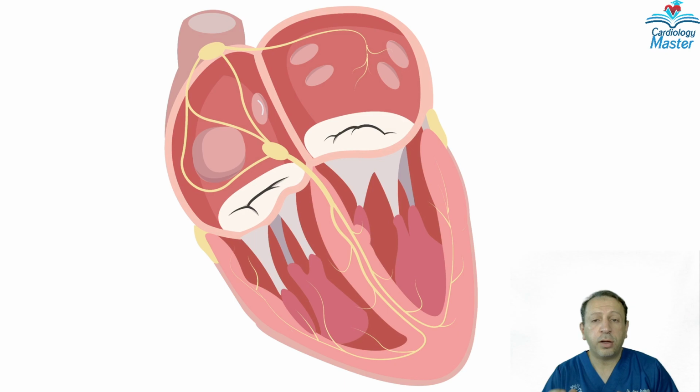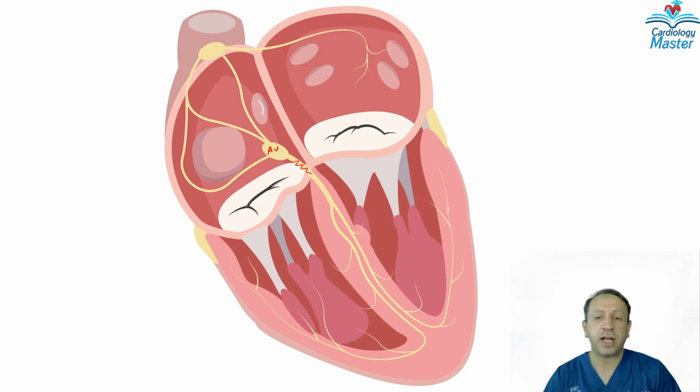It is made in order to ensure that the atria contract before the ventricular depolarization and contraction happen, so that the atria would contract before and then the ventricles would contract later. So the impulse propagates from the AV node into the His, which divides into two branches, which are the right bundle branch and the left bundle branch.